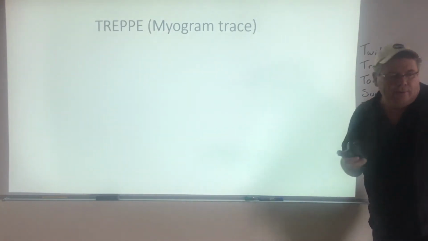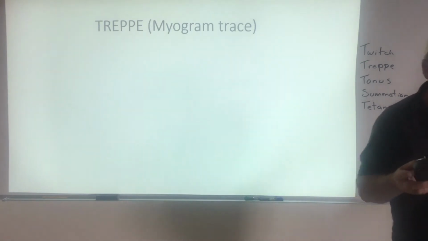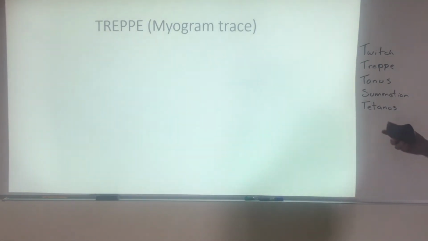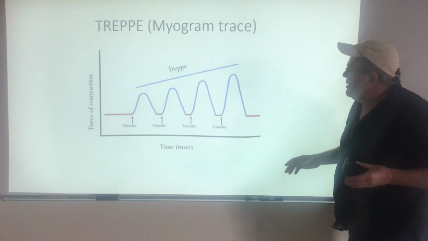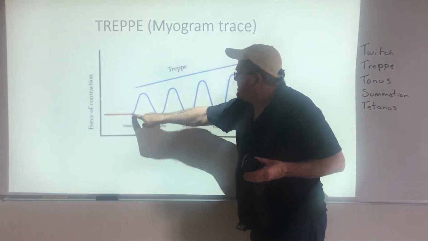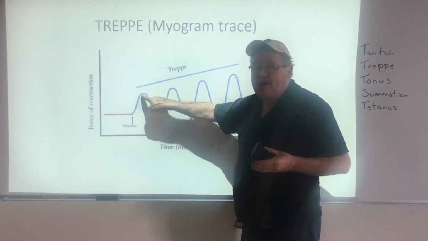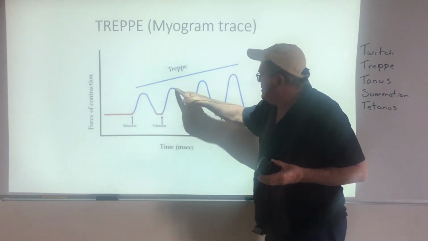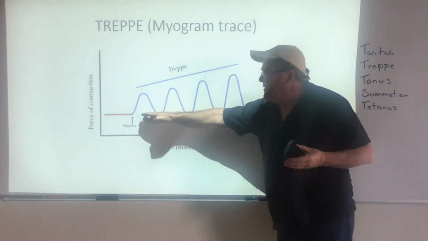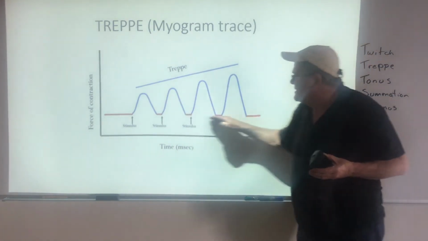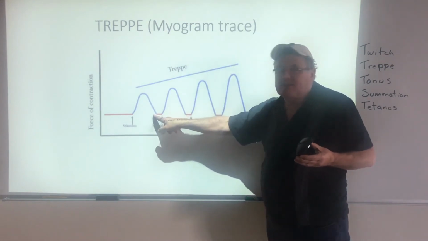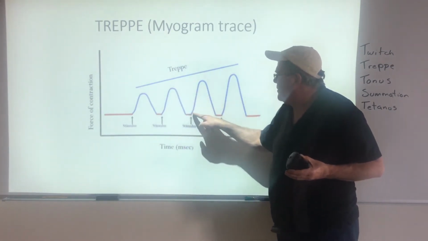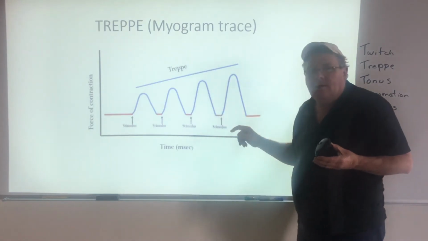From here, we can go to treppe. With treppe, we start to get into a little more of that chemistry. Treppe looks like this. As you can see, stimulus is here, there's the amount of contraction. Stimulus is here, there's the amount of contraction. The important thing to know is the stimulus is at the same level. You've gone through full relaxation and you fire up again. Full relaxation, fire up again.